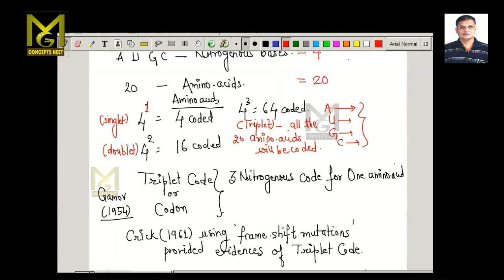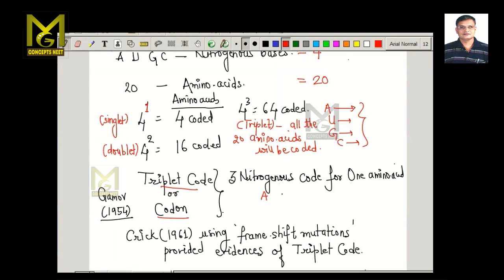So therefore, it was universally accepted that the triplet code, that is 3 nitrogenous bases, codes for 1 amino acid, which was given by Gamow in 1954, and this was referred to as a codon.